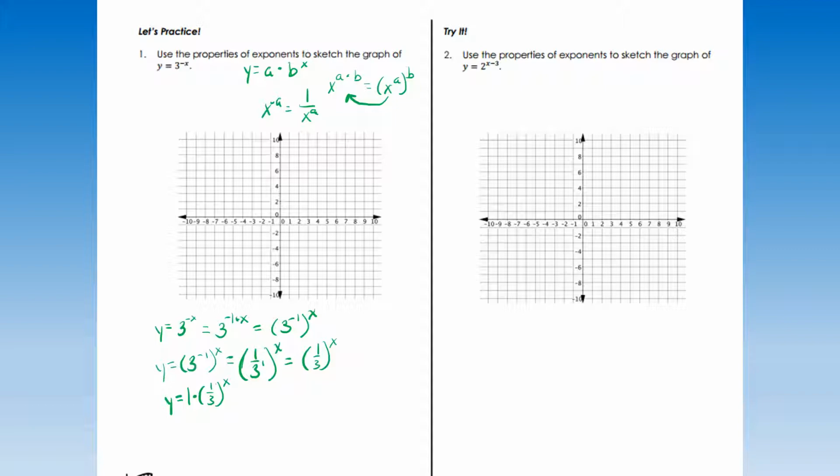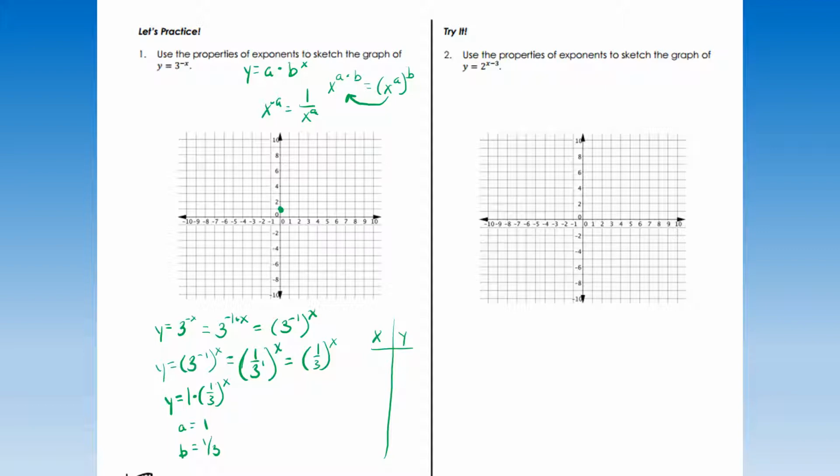So what does that tell me? It tells me that my a value is 1 and my b value is 1/3. And remember, a is the y-intercept. So for a, I'm going to put my point at 1 on the y-intercept. All right, now let's make a table so that we can sketch some other points on the graph.